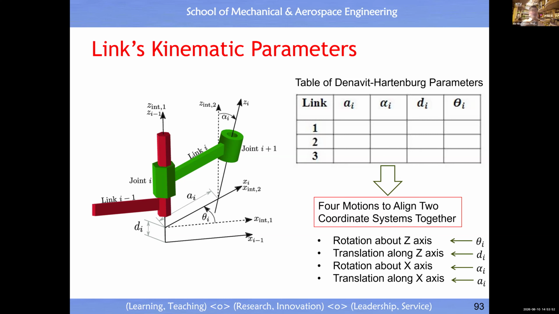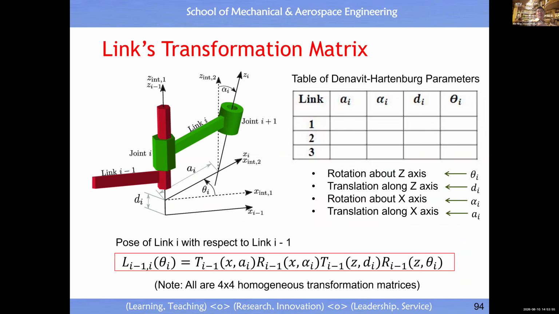This is the DH parameter. If you apply these 4 parameters, you have a coordinate system assigned to link i and a coordinate system assigned to link i-1.